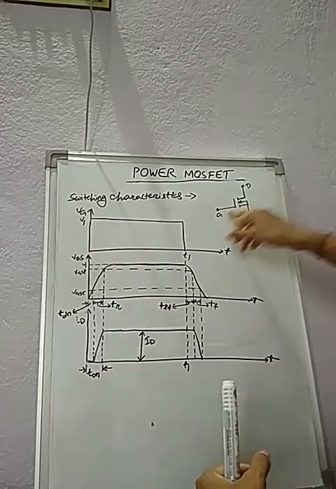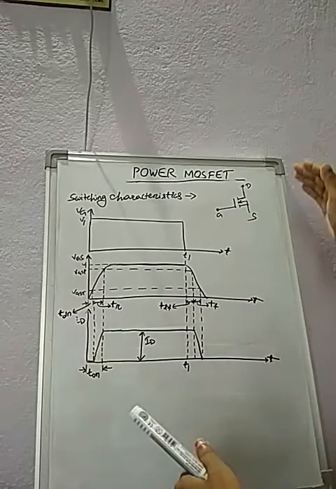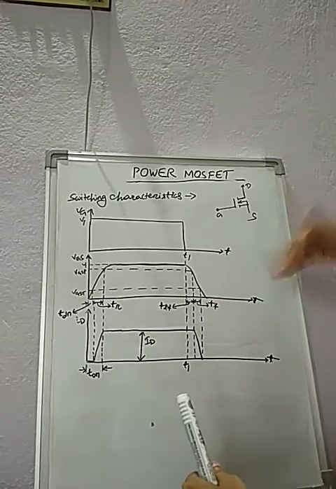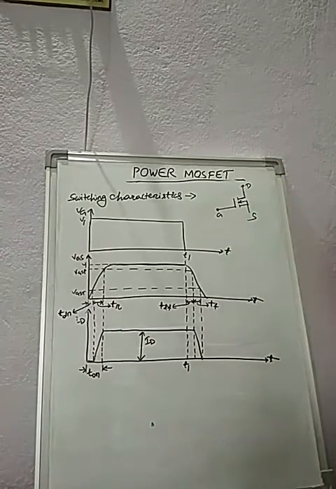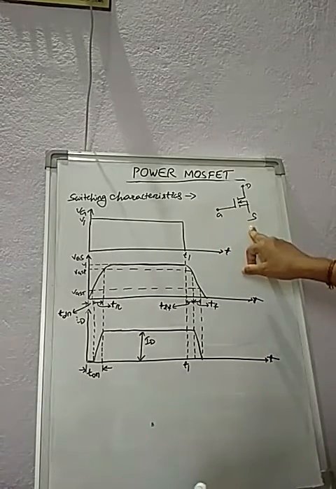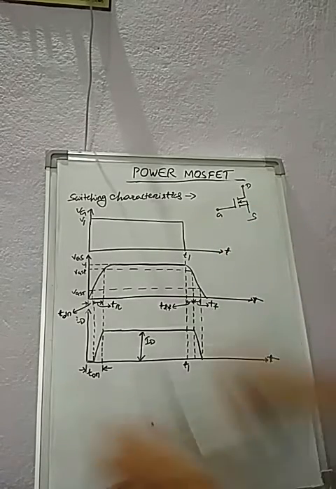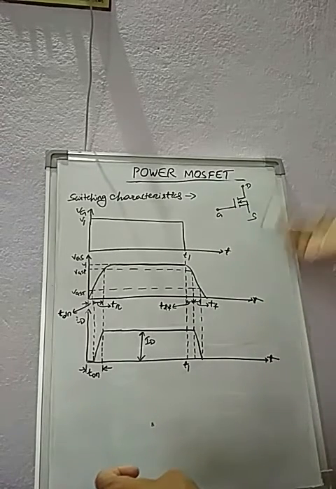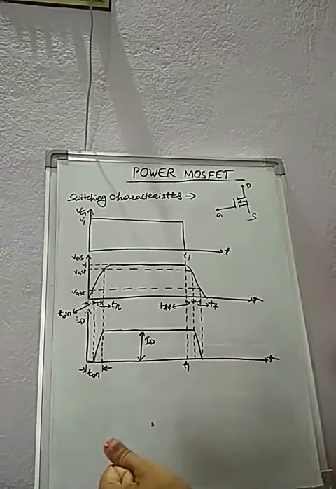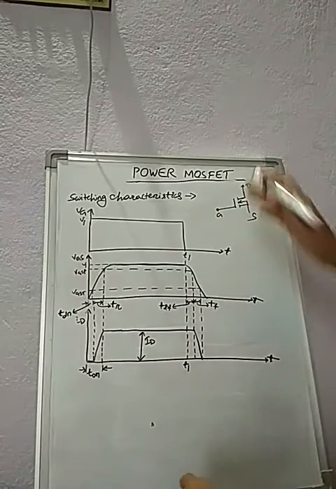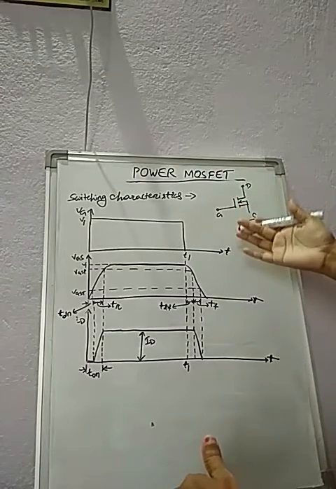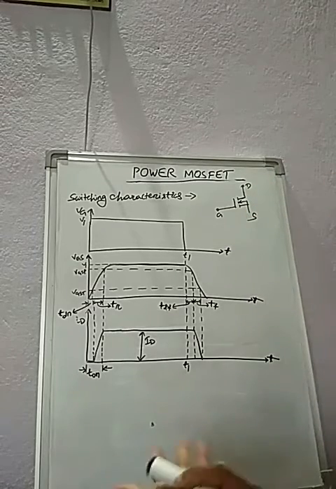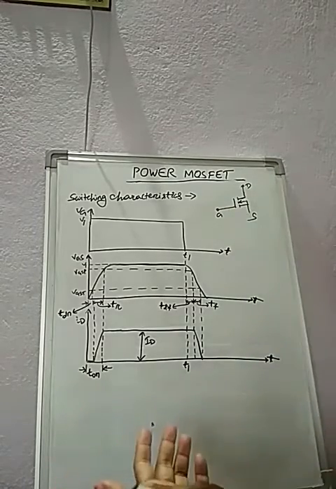But when the gate drive circuit is open, there is no flow of current from drain to source. After that we give voltage supply across gate and source. Once we apply VG voltage across gate and source, VGS, the gate source voltage, is developed. This VGS voltage developed across gate and source is the control signal for the MOSFET.